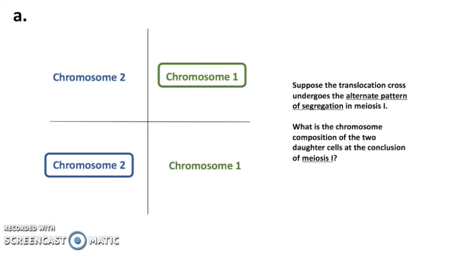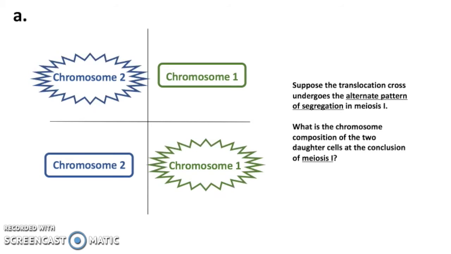Or diagonal. The other chromosomes, which I'm going to mark with the little spiky bubble, represent the chromosomes where the crossing over took place, where there's a little bit of chromosome 2 on chromosome 1 and vice versa.